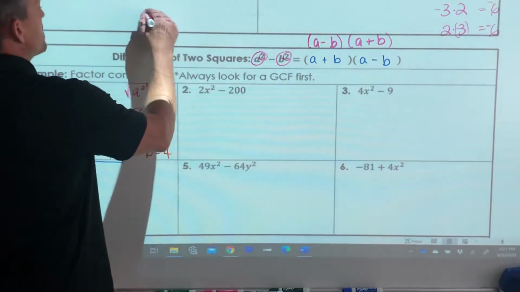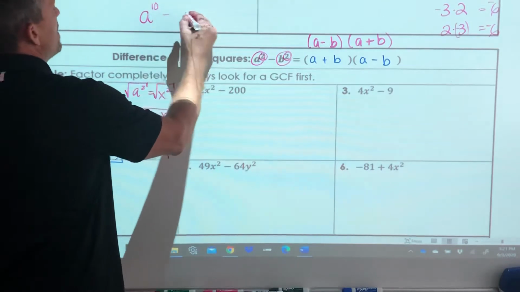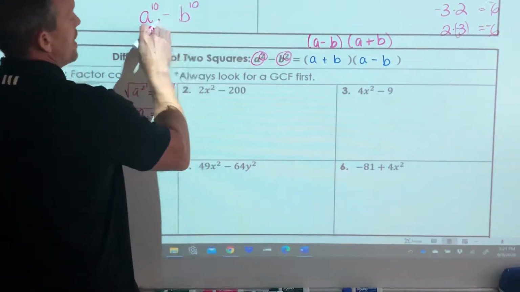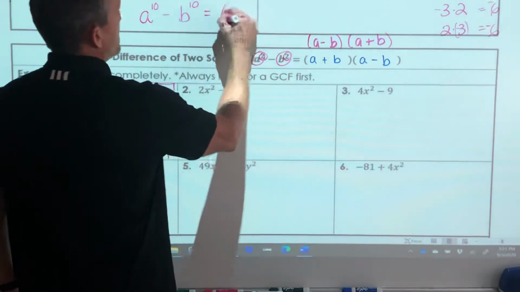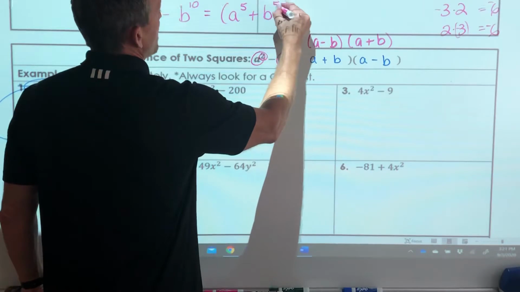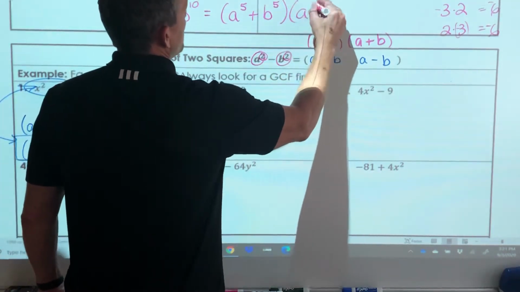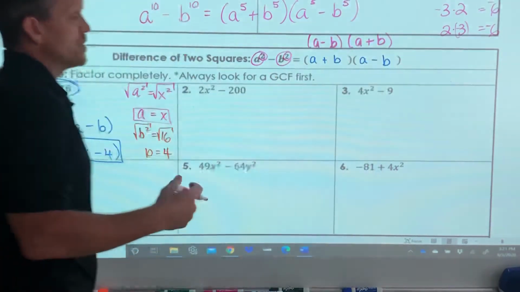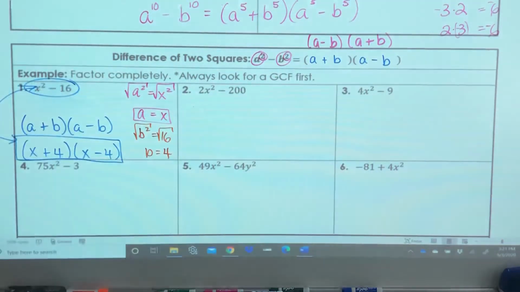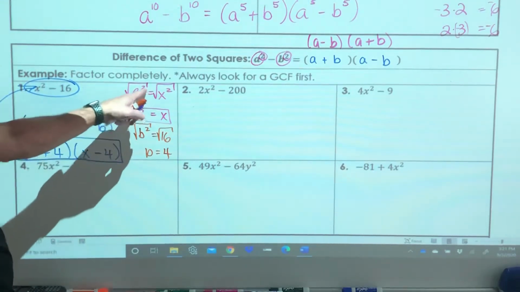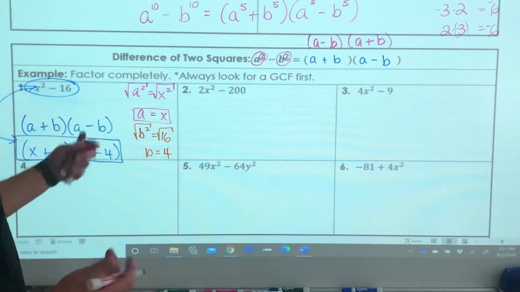So for instance, let's say I had A to the 10th minus B to the 10th. Well, that's just cut in half. You would have (A to the 5th plus B to the 5th)(A to the 5th minus B to the 5th). You're just cutting them in half each time. So basically when this is 2, we're cutting it in half and making it 1, A to the 1.